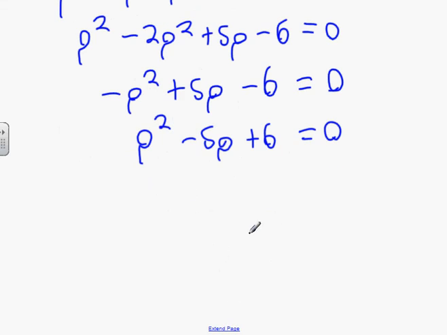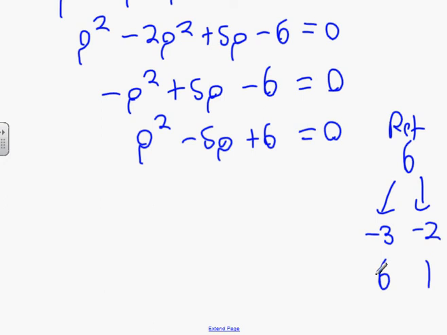Okay, we'll be very careful with this, right? Reference number is a plus number. Everybody agree it's a plus number? That means when you have a plus number, it either has to be 2 pluses or 2 minuses. Minus 3 minus 2 is the correct answer because with 6 and 1, one of them has to be negative, the other one has to be positive, and that doesn't work for a positive reference number.